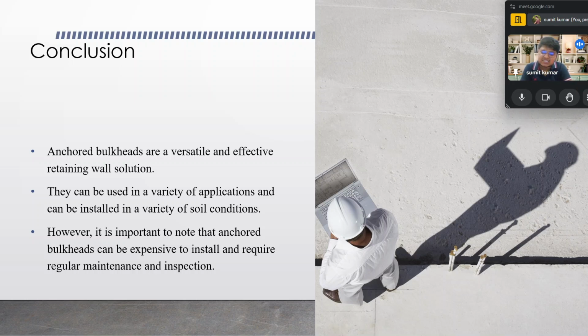They can be used in a variety of applications and can be installed in a variety of soil conditions. However, it is important to note that the anchor bulkhead can be expensive to install and requires regular maintenance and inspection. This is also one of the disadvantages when we went across the advantages and disadvantages section. So in conclusion, these points are mentioned here.